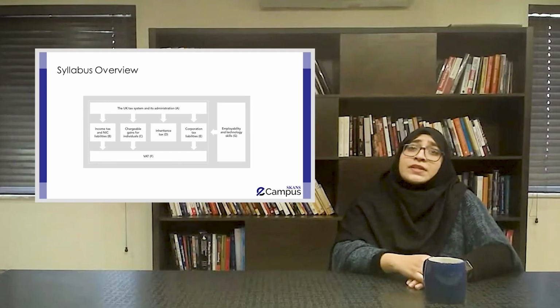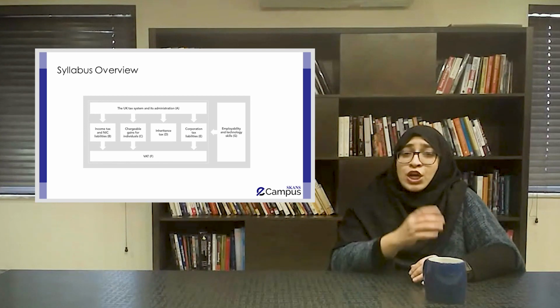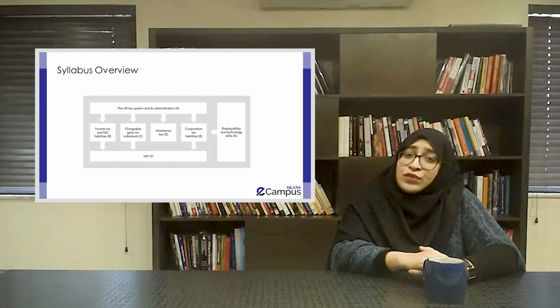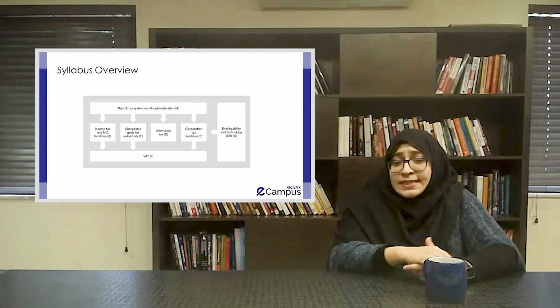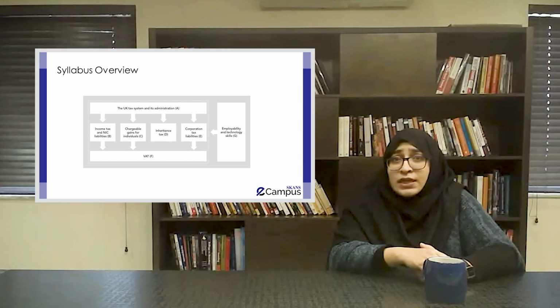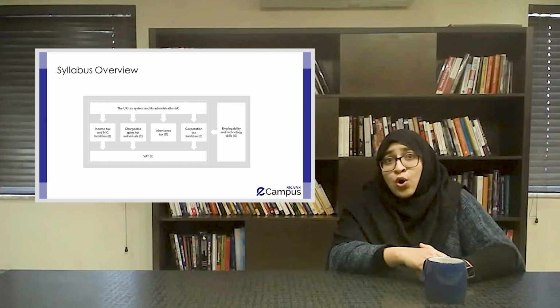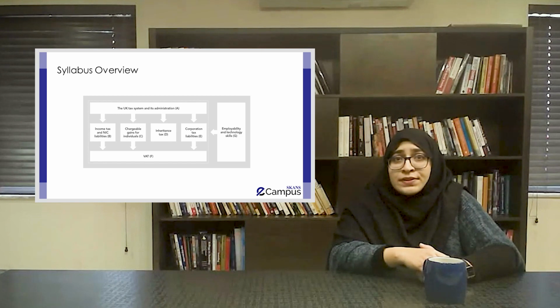Your syllabus for the paper is split into the following 7 areas. You first develop a basic understanding of the UK tax system and how it is administered. Then you move on to understanding how the tax law applies for any income or gains an individual earns, or any assets that he or she inherits.